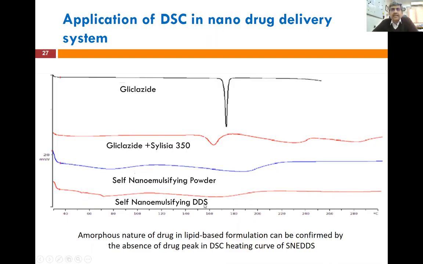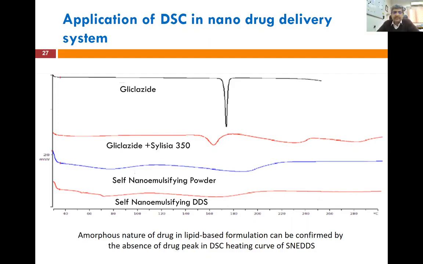We have to be very careful in interpreting these results, because what is coming out from this entire study is that gliclazide is not present in the crystalline form in the drug delivery system. What is the exact form of gliclazide cannot be commented on, because we do not have any direct evidence about that.